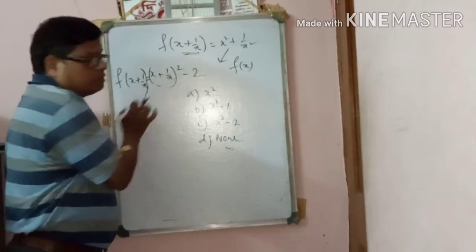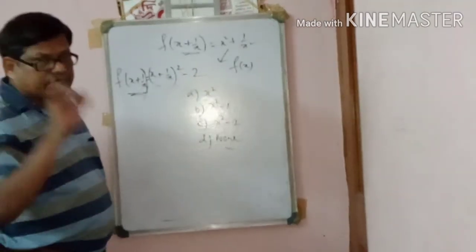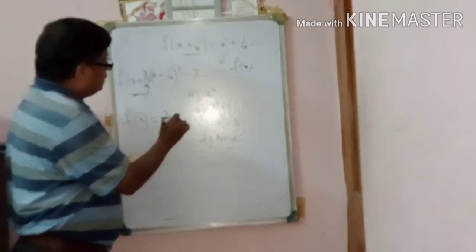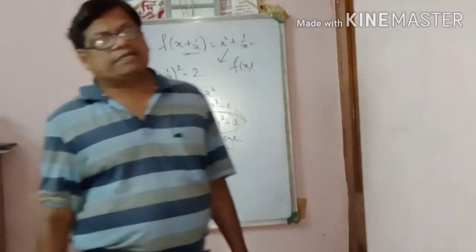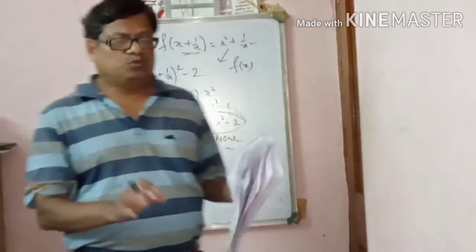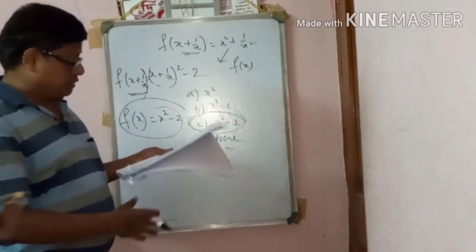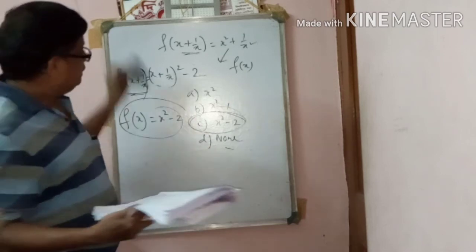So f of x plus 1 by x equals x plus 1 by x whole square minus 2. If we put x plus 1 by x equal to, suppose, x, then f of x equals x square minus 2. So option C is correct. Okay, now next sum.